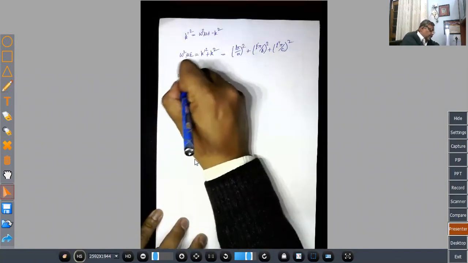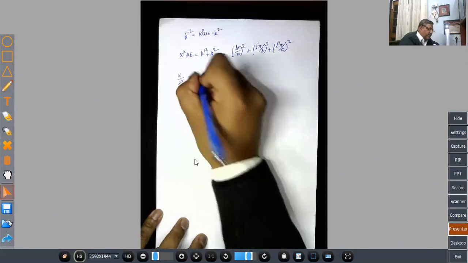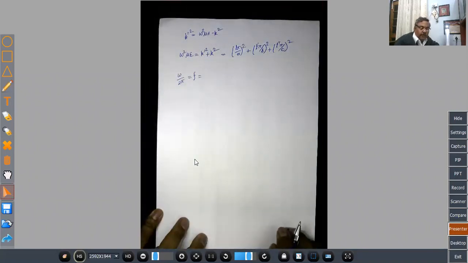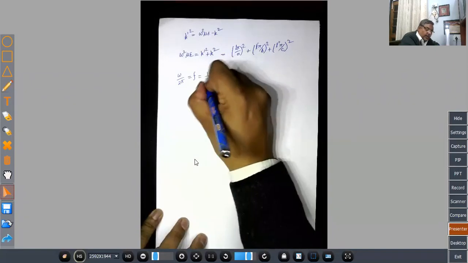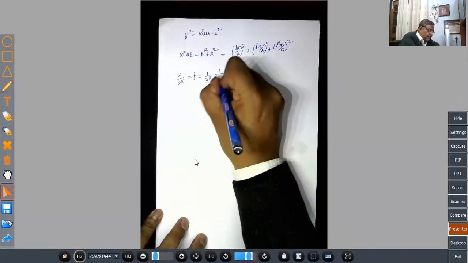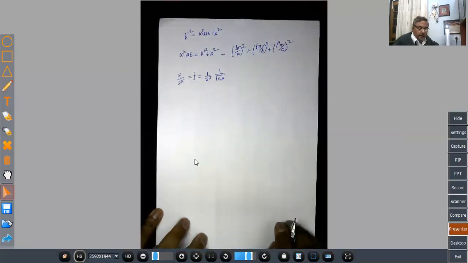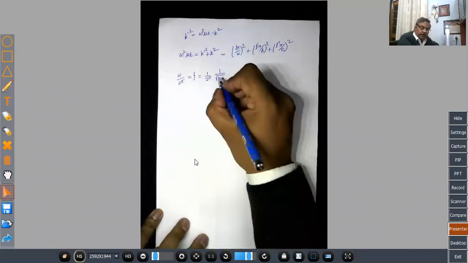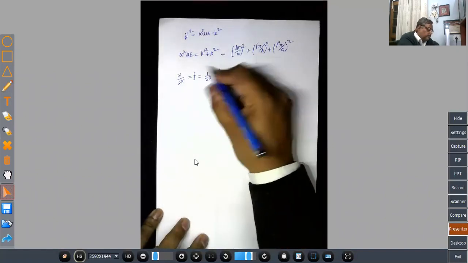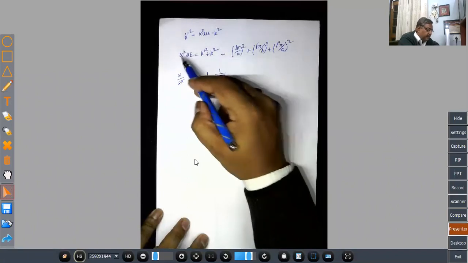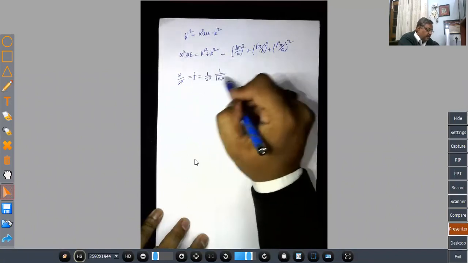And as we know, omega upon 2 pi will be equal to frequency. I am substituting omega from here in this.